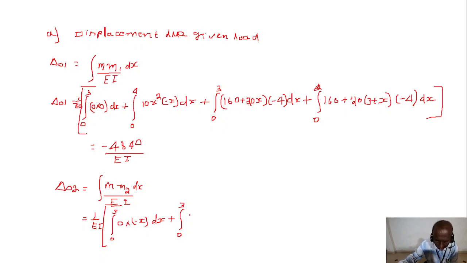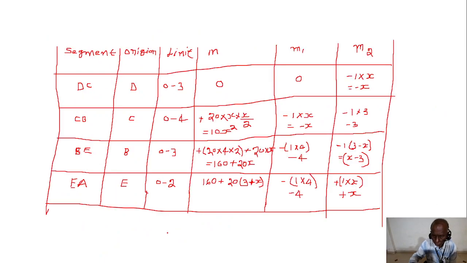So M is 160 plus 20X, into M2. What is M2? Minus 3.